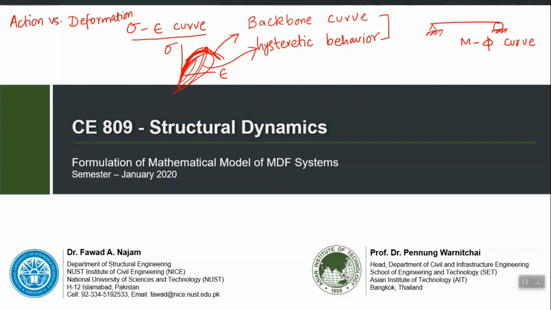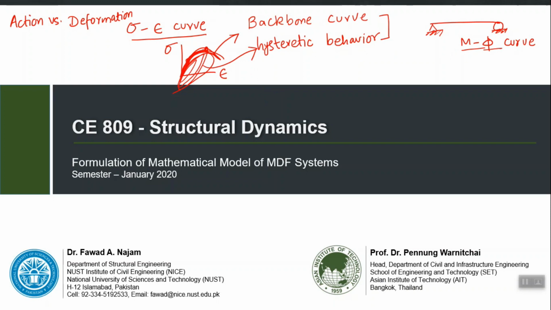The backbone will tell how this component or material is going to behave if it is subjected to monotonic loading causing its failure or nonlinearity, and hysteretic behavior will tell us how it will behave if it is subjected to repeated cycles of reversed cyclic loading, right. For a particular beam element, the relationship between moment and curvature is an example of an action deformation curve.